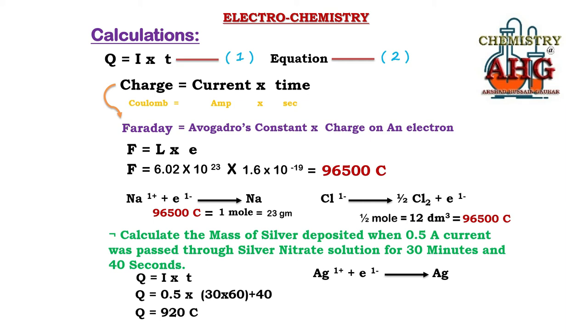Since there is 1 mole of electron, you can write 96,500 coulomb, because it is the charge carried by 1 mole of electron, and it is equal to 1 mole of silver. But we want to calculate the mass of silver, so instead of writing 1 mole, we will take the mass of 1 mole of silver. You can take this mass from the periodic table, it is 108 grams. So you can make this relationship from the balanced equation, that 96,500 coulomb charge is equal to 108 gram of silver.